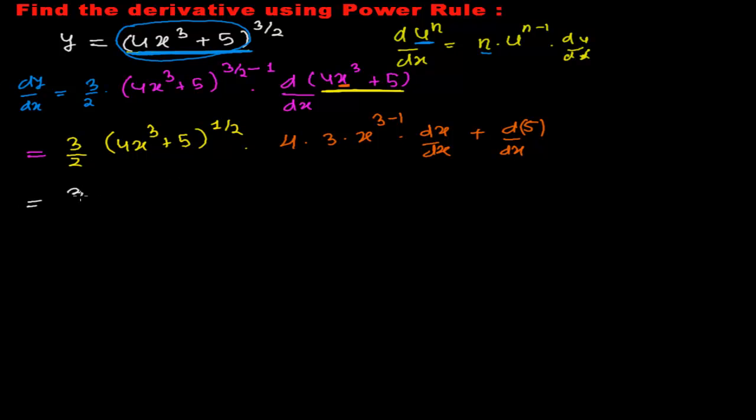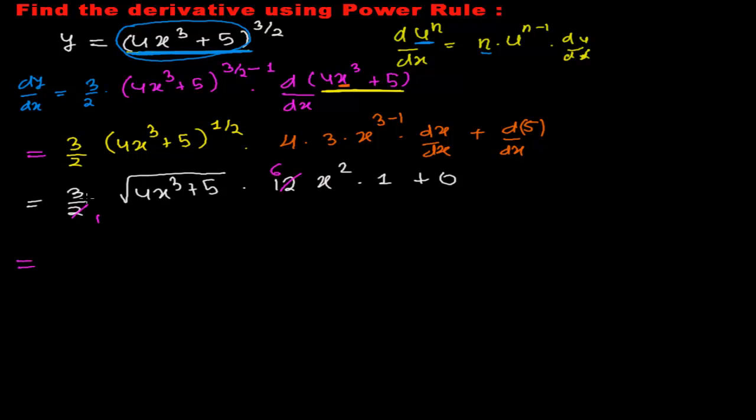So now this is 3 by 2. Now 4x cubed plus 5 to the power half can be written inside the root. Now times 4 times 3, that is 12x squared, and the derivative of x with respect to x itself is 1, and this is 0, so I don't have to think about it. Now I can cancel something here, 2 times 1 and 2 times 6.